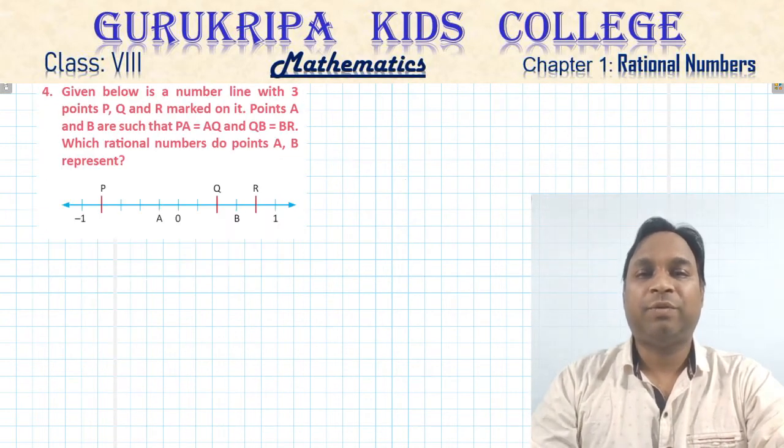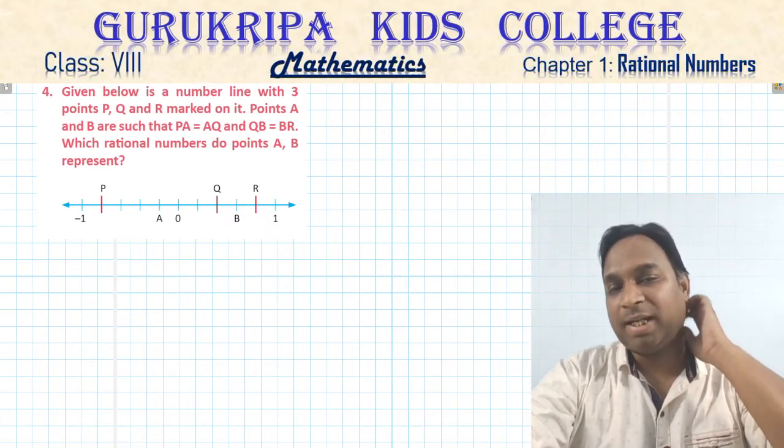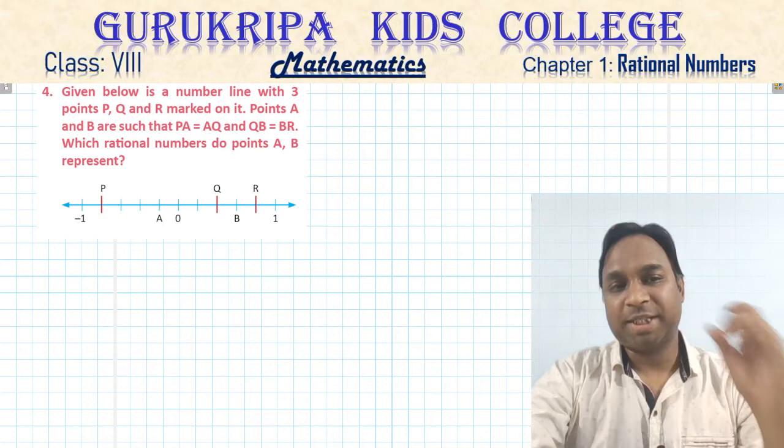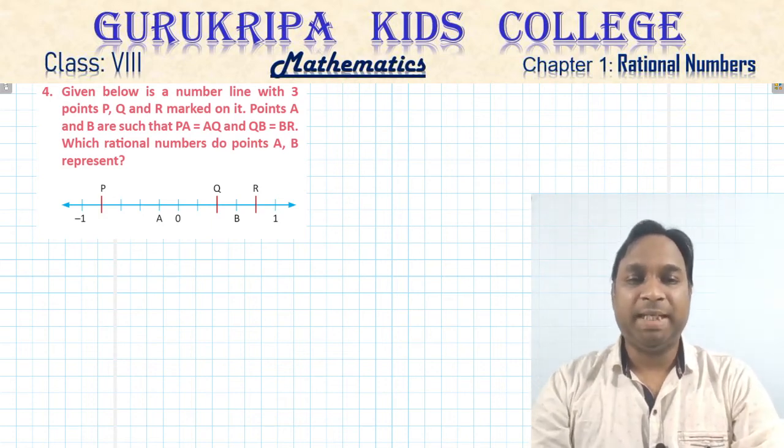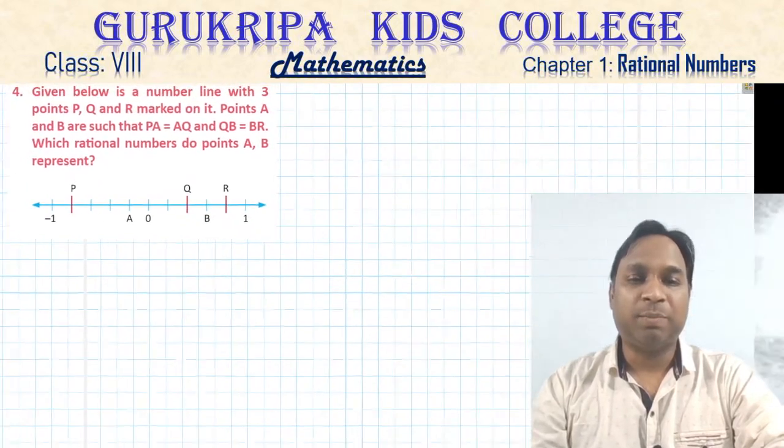Let's move to question number 4 now. Given below is a number line in which 3 points P, Q, R are labeled on it. Points A, B are such that PA is equal to AQ and QB is equal to BR.